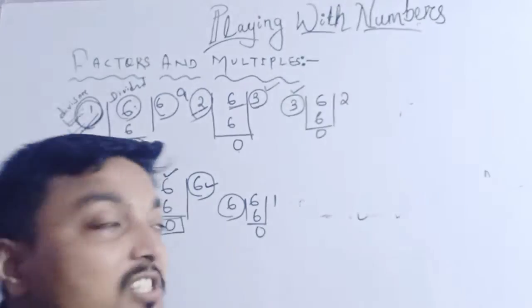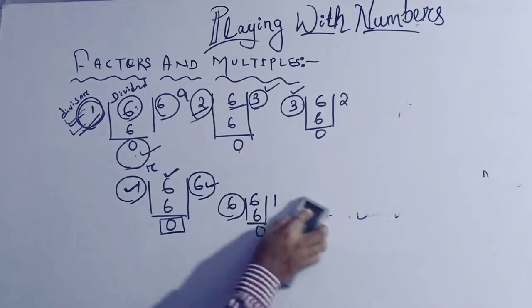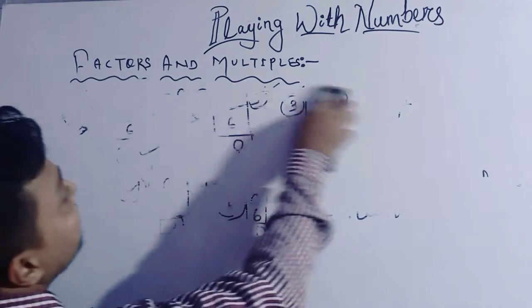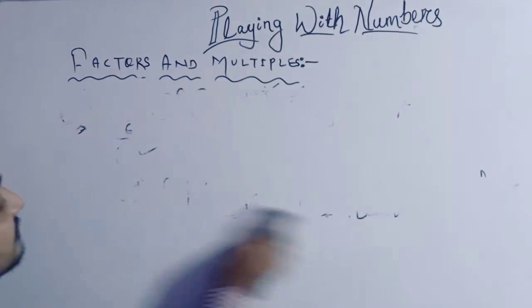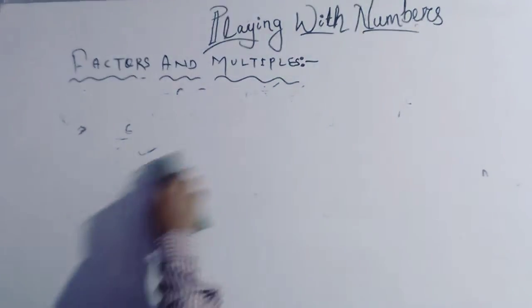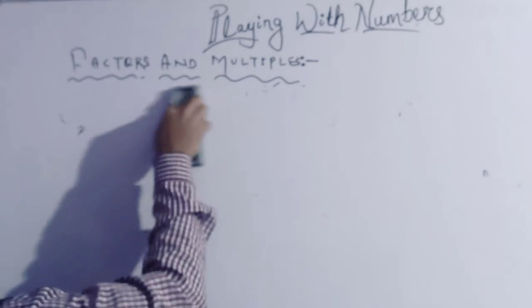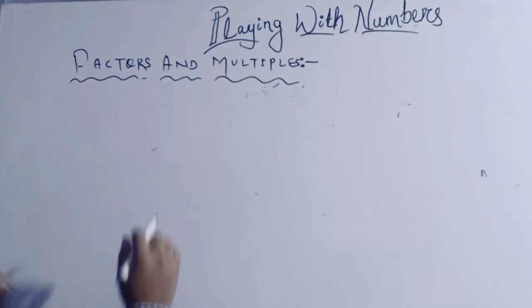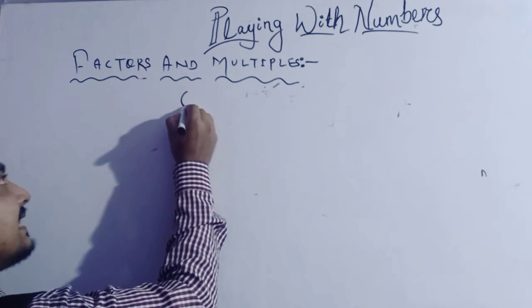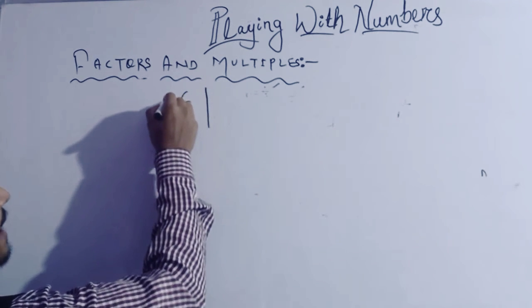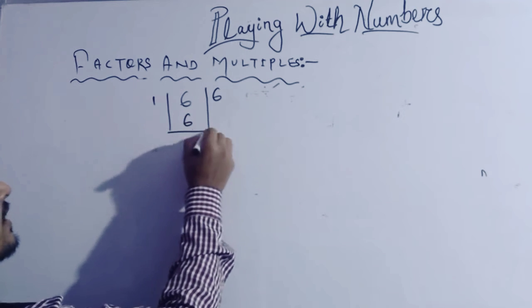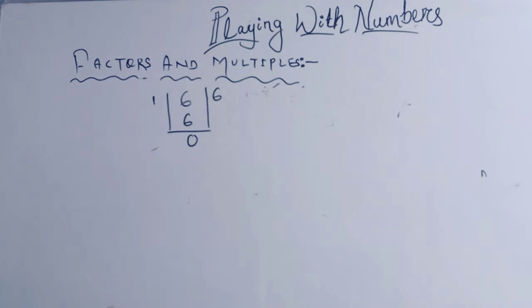Now I am telling you another extra thing. See, the same question I am discussing. 6 divided by 1 is 6, and the remainder is equal to 0.